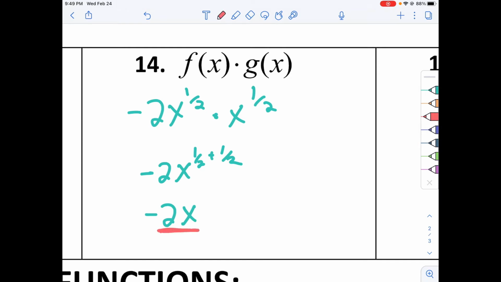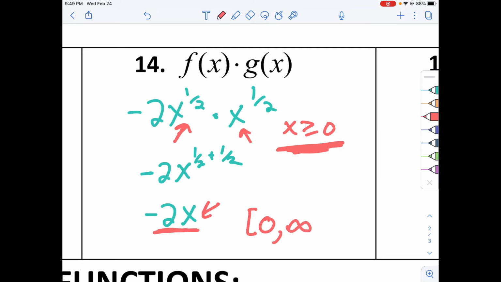This equation right here has no restrictions, but in the original equation, before we simplified, we did have restrictions, and we always have to keep those in mind, right? Those restrictions at the beginning were that our x had to be greater than or equal to 0. At the end, x could be anything, but the restriction at the beginning takes charge. So in the end, this is really just 0 to positive infinity.